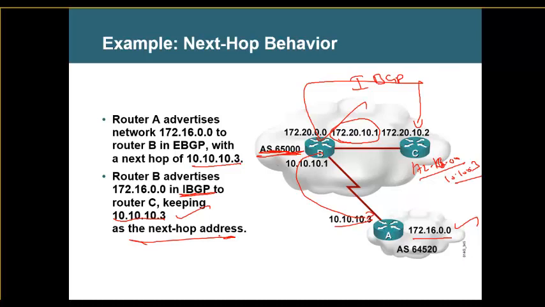The next autonomous system is 10.10.10.3. According to router C, what is the next autonomous system? A. So A's address will be seen as the next hop. It's not B's address. B is not a next hop. B is not the next autonomous system.